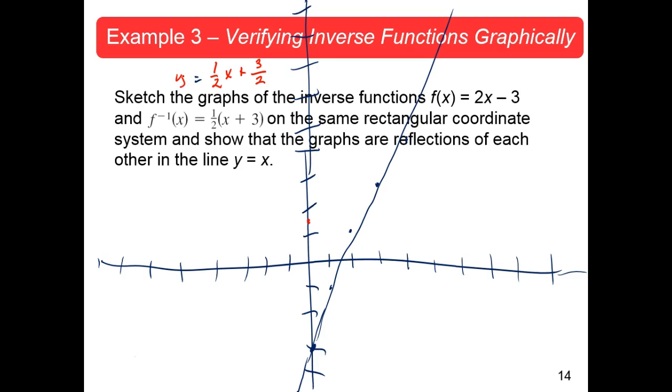So what I'm going to do is change that F inverse to y here. I'm going to multiply both sides by 2 so I can get rid of my fractions. I like fractions fine, but I'd rather not mess with them if I can help it. So that would be 2y is equal to x plus 3.